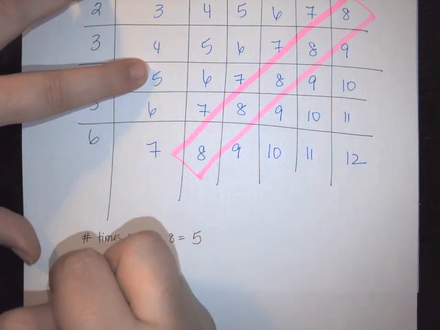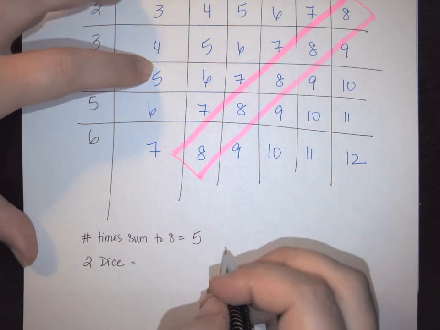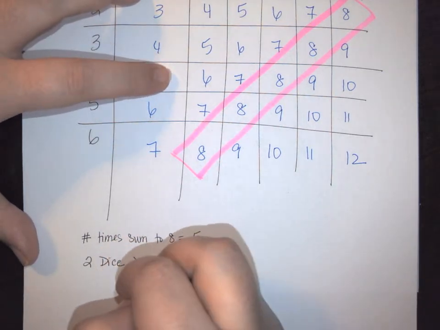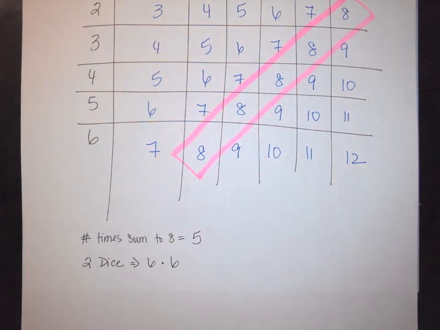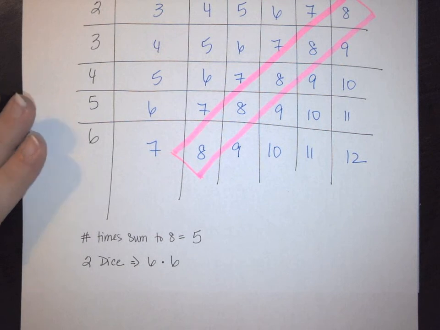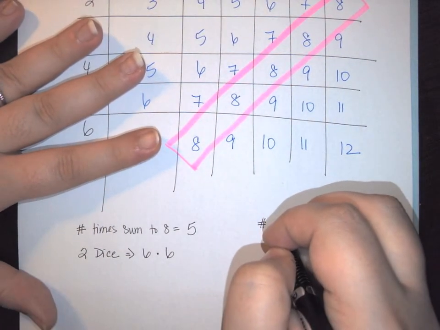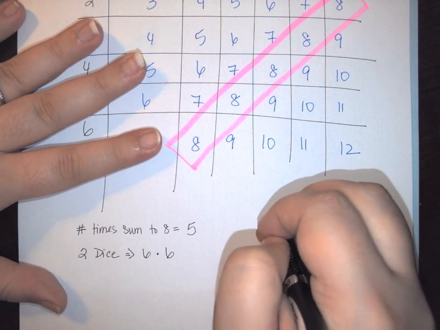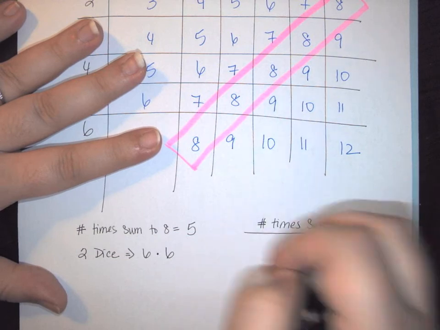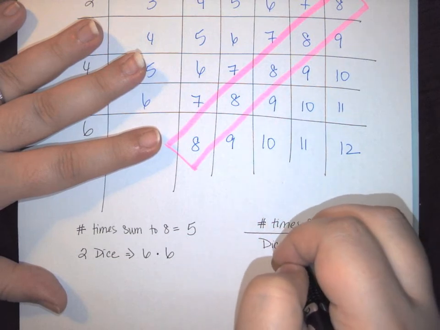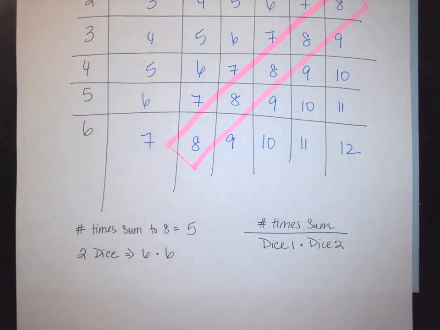I have 2 dice, and in this case, I have 6 times 6 because each dice has 6 sides. So the way we set this up is the number of times that you sum divided by dice 1 times dice 2.